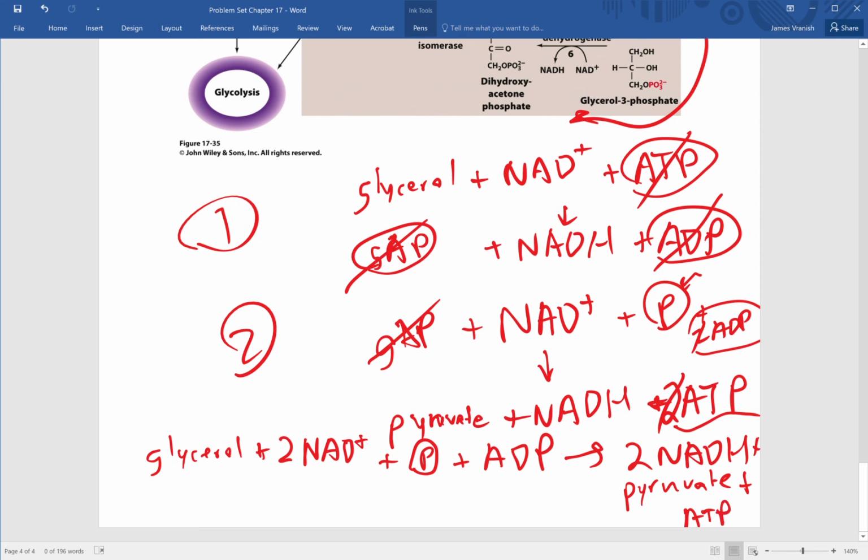That is the net reaction for glycerol getting turned into pyruvate.